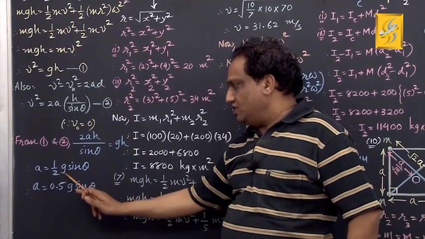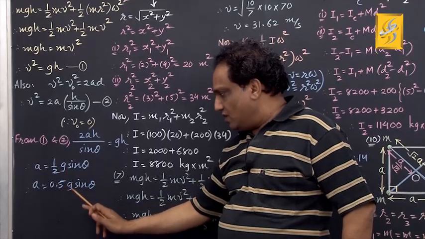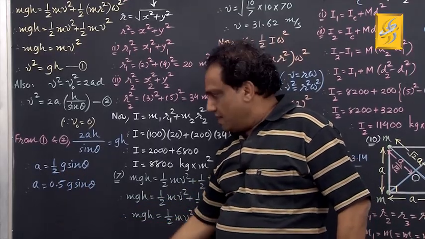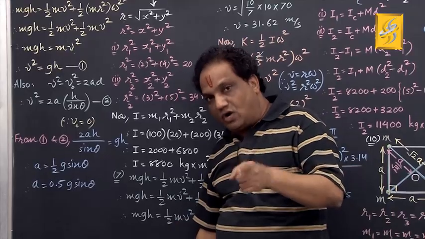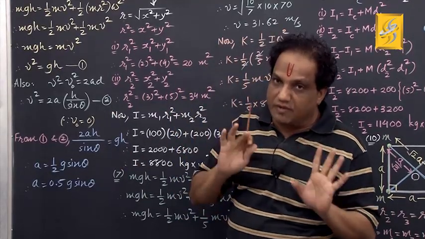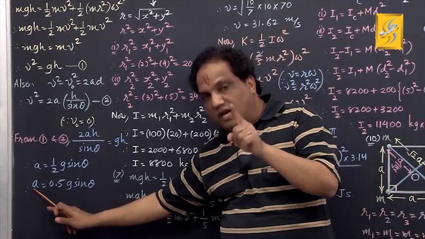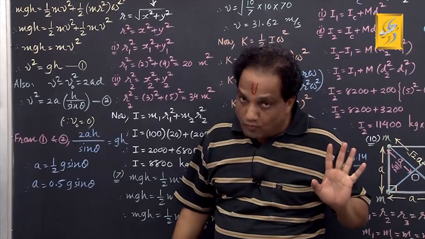So 1 by 2 g sin theta. But what is 1 by 2? It is 0.5 into g into sin theta, correct? This is the acceleration obtained by this cylinder rolling without slipping, parallel to the surface of the slope.